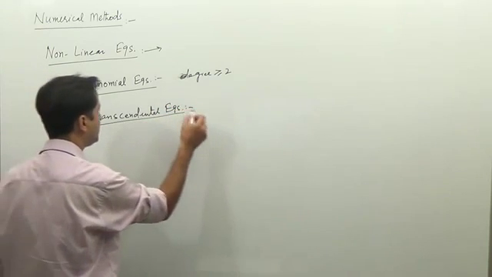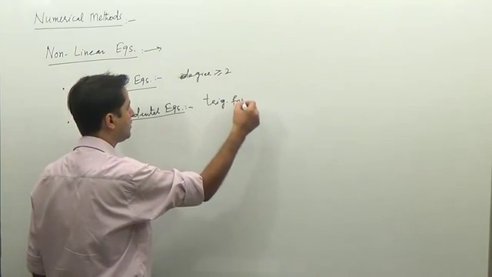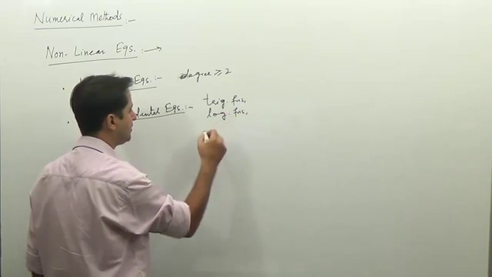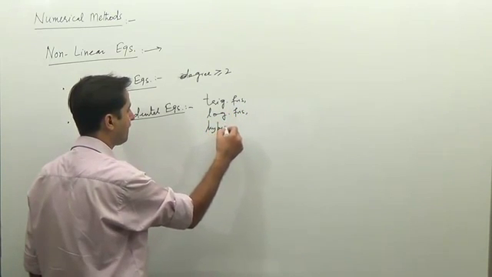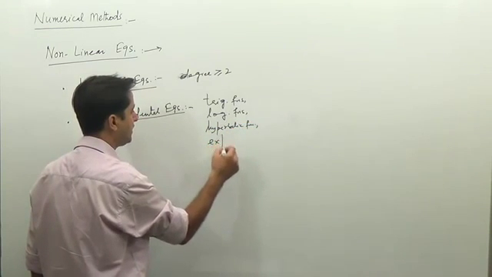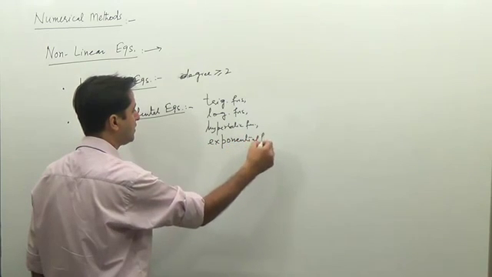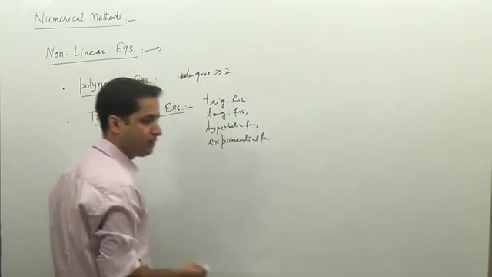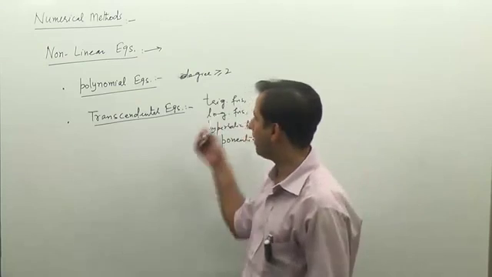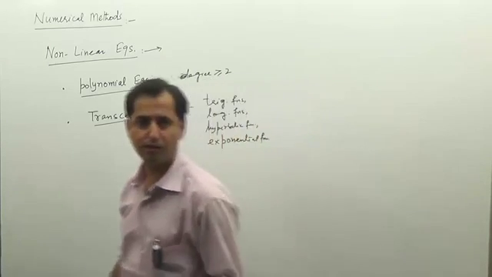These are equations which contain trigonometric functions, logarithmic functions, hyperbolic functions, and exponential functions. Likewise, any function whose graph is non-linear, not a straight line, so all the stuff other than polynomial comes in this transcendental equation.